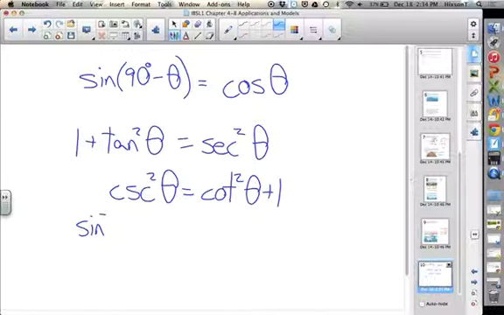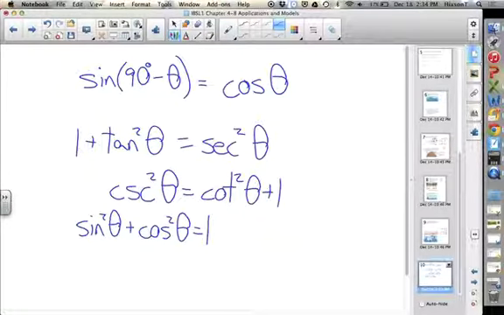Sine squared theta plus cosine squared theta equals 1. And we got both of these by first dividing by sine squared. That gave us 1 plus cotangent squared equals cosecant squared. Then we divided everything by cosine squared and we got tangent squared plus 1 equals secant squared.